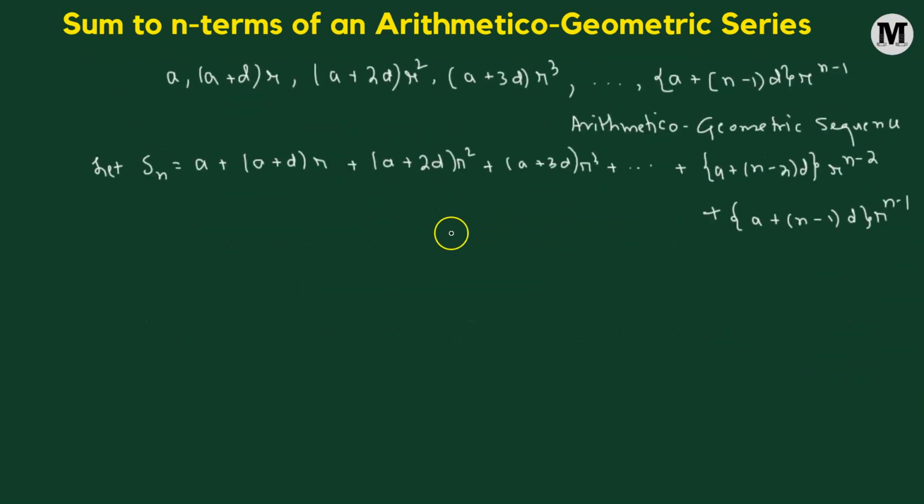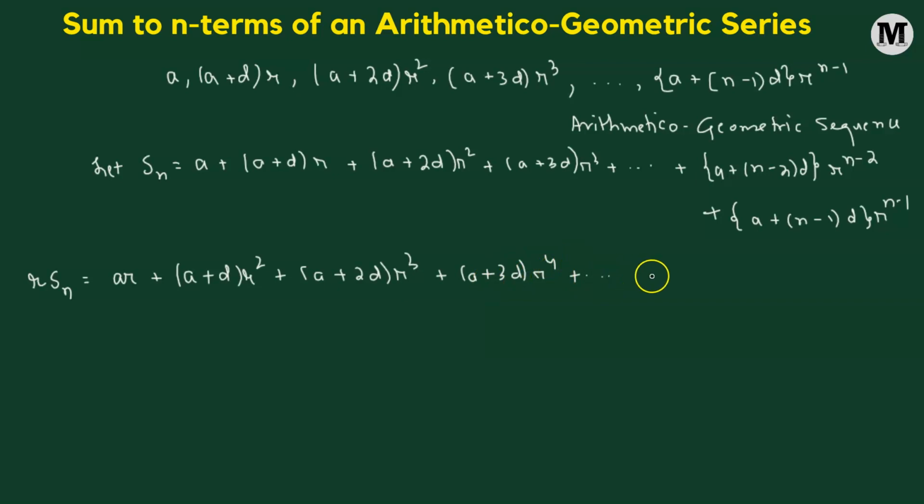Fine. Now, to find out the sum, we're going to multiply throughout with the common ratio r. We have to multiply the left hand side as well. So we're going to get r Sn. This is going to be equal to a times r, so that's ar, added to (a plus d) times r, so that makes it r squared, added to (a plus 2d) r cubed, and we have (a plus 3d) r raised to the power of 4.